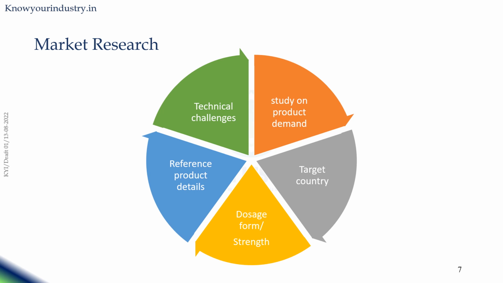When we do the market research, the team should be aware of what kind of technical challenges we are going to face when we take it up for the development or the tech transfer or the commercial, and what kind of studies are needed for the products. For example, if you select a tablet, what kind of granulation we have to do, whether it is a wet granulation, a dry granulation, or a top spray granulation.